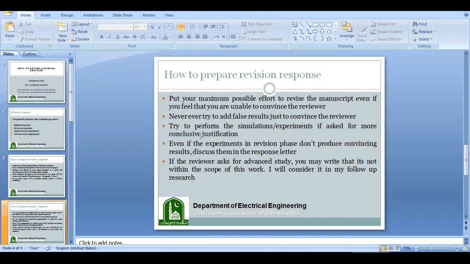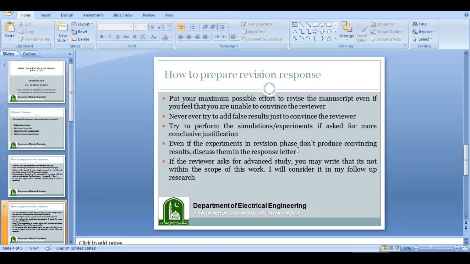At this point, you shouldn't keep yourself away from doing the hard work just to save your time, or because you are involved in another research article or other experiments, because it may spoil your current research work for which you have already obtained the revision. So this is also a very important point.